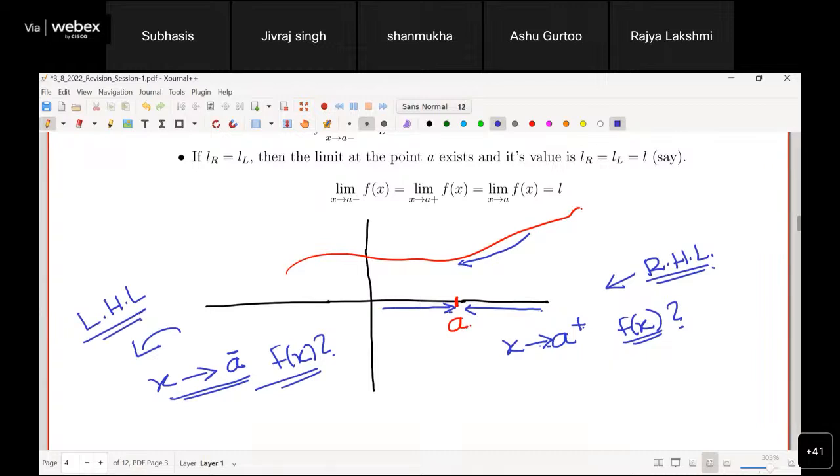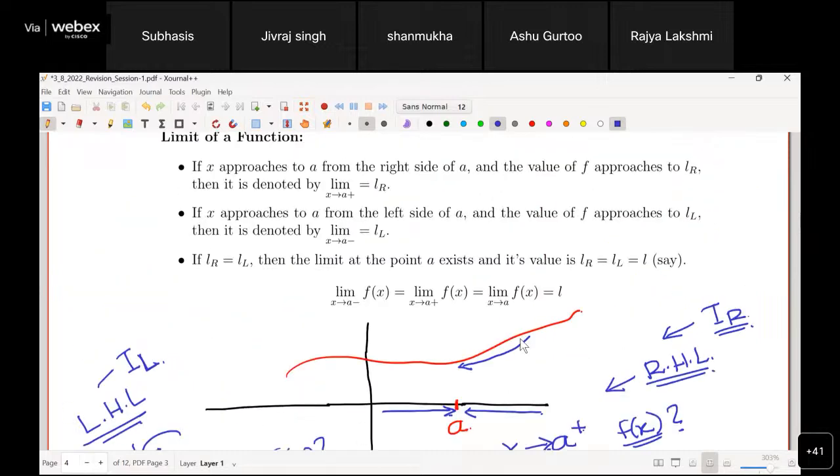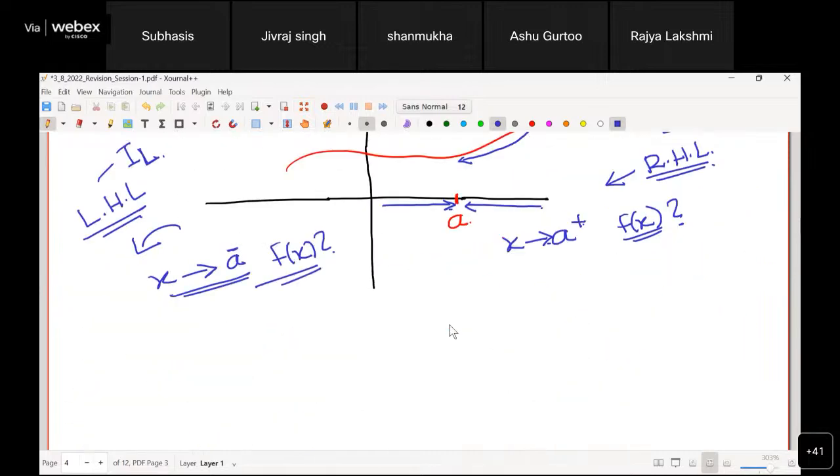So to find the limit we need to find two things. One is the left hand limit, let's say L_L, and the other is the right hand limit, L_R. If my left hand limit at A is the same as the right hand limit at A, then we say that the limit of the function exists.